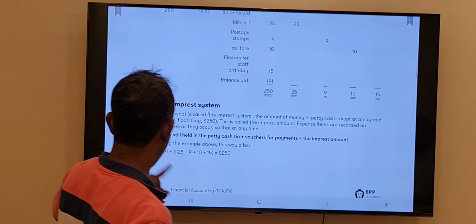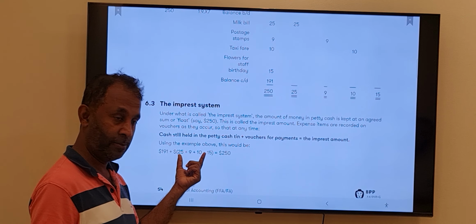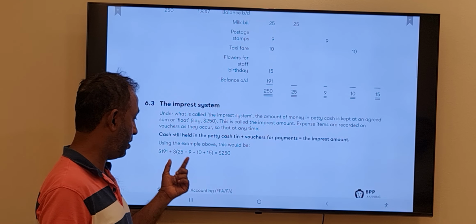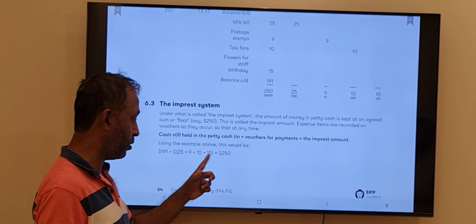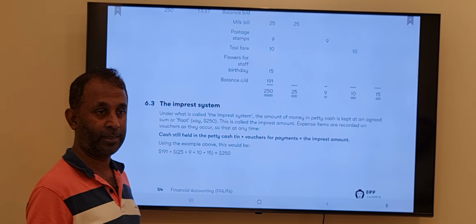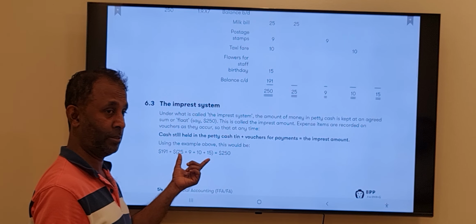See here, this much they spent and balance is this. So if you assume you have bills for all this, the total of the bills plus this balance should be equal to 250. Next time when you want to take cash, the main cashier should only give this.